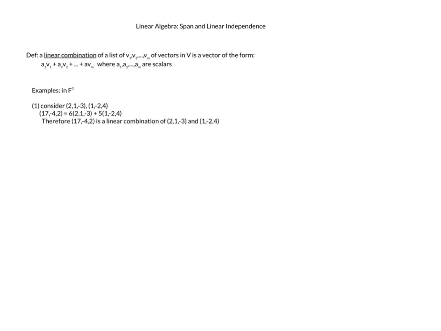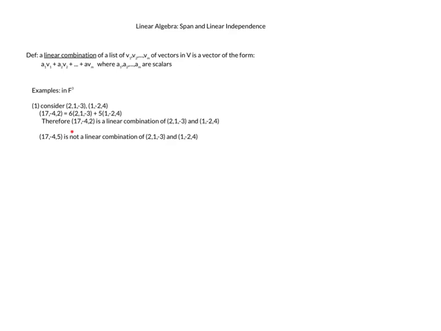Therefore, we say that the 17, negative 4, 2 is a linear combination of 2, 1, negative 3, and 1, negative 2, 4, because there are these scalars, 6 and 5, that can multiply your two vectors, and then you add it all together. That will give you the 17, negative 4, 2.